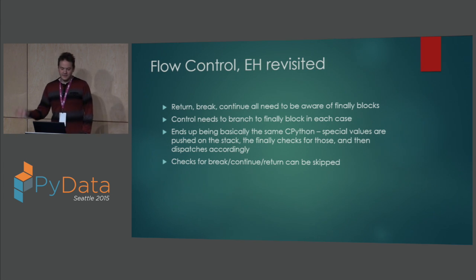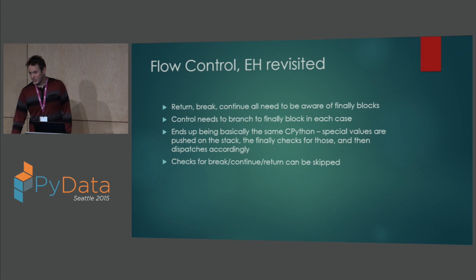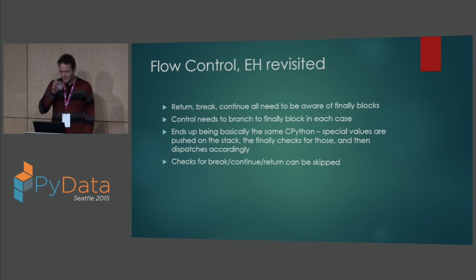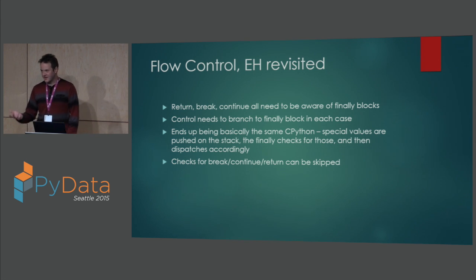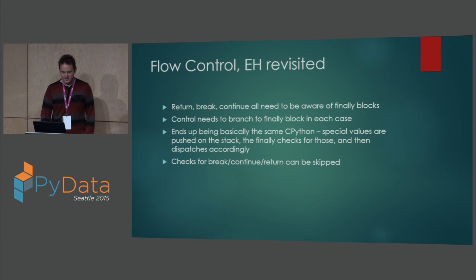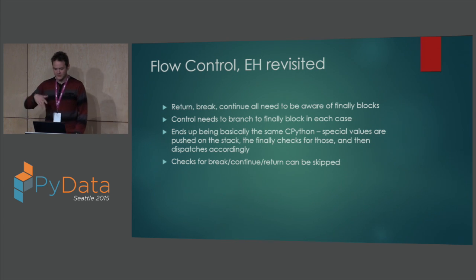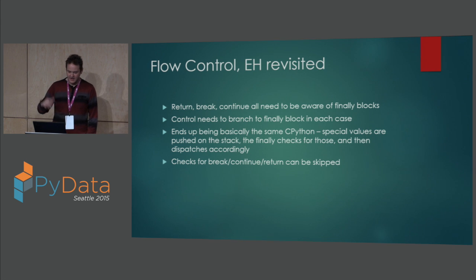The other fun thing is break, return, and continue, which all need to be aware of finally blocks, and we need to dispatch through them. So CPython ends up pushing these special values onto the stack, these integer values, and when it hits the in finally, it checks for those and then dispatches out to the block stack.